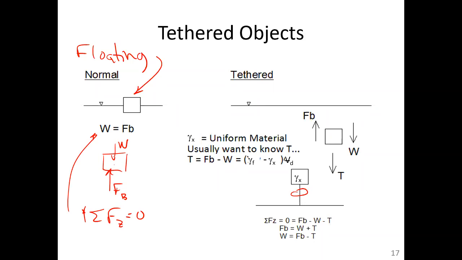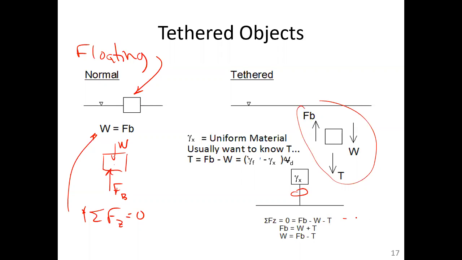Similarly, for the tethered object, now you have a new free body diagram. There's a new force acting, and that's the tether force. And we could design what would be the restraining force necessary to keep this underwater, or we could size the cable or the fastener system that would need to create this system steady state.